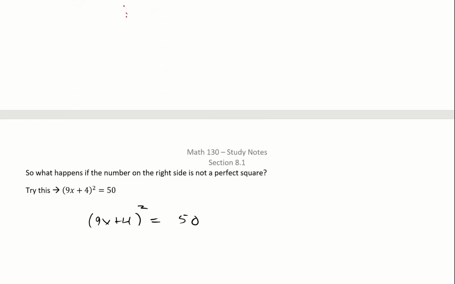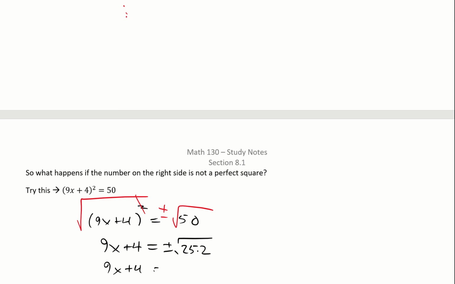So on this one, I'm going to do the same thing. I'm going to square root cancel, square root plus minus. We get 9x plus 4 is equal to, see, it doesn't square root nicely. Boo-hoo. But really, remember, we're going to reduce it. Why not? So we have 9x plus 4 is equal to plus minus 5 radical 2.